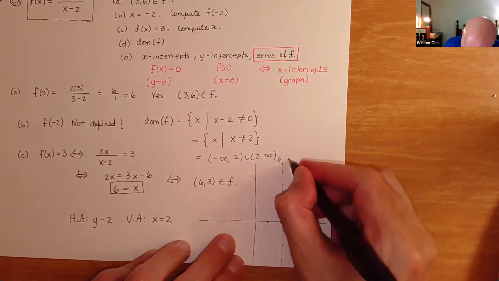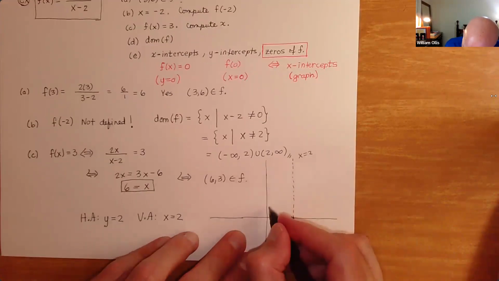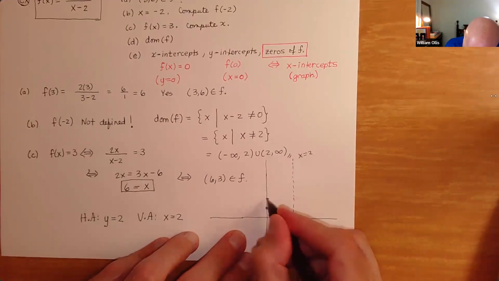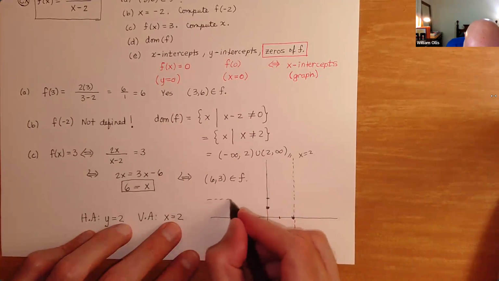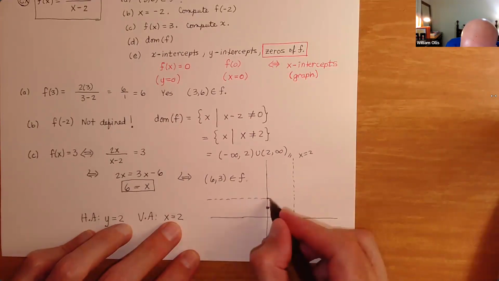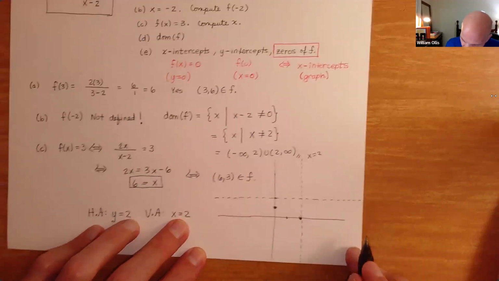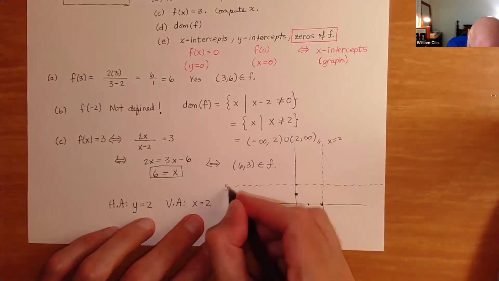So this is a vertical line, x equals 2, and then we have a horizontal line, y equals 2. So just doing a little basic arithmetic here. So we have y equals 2.